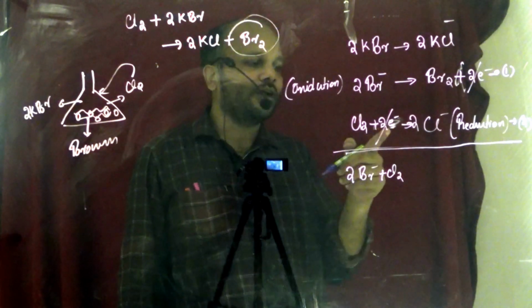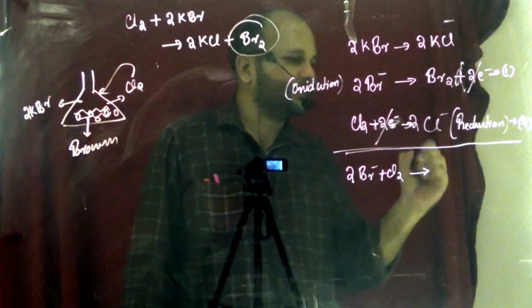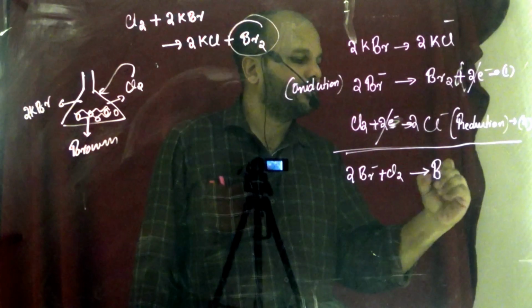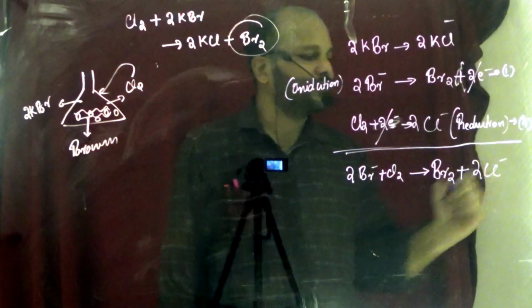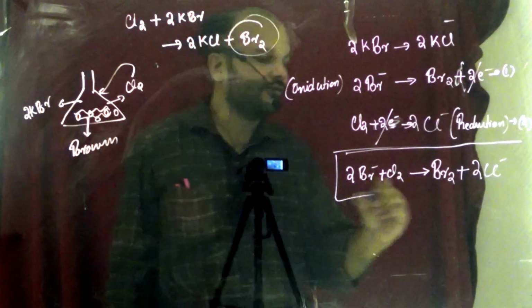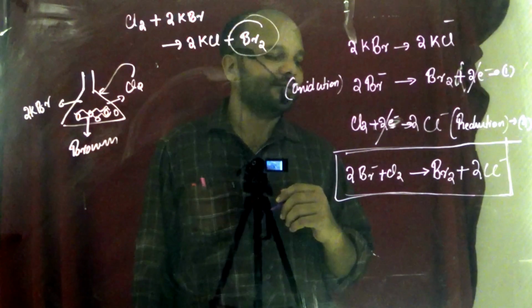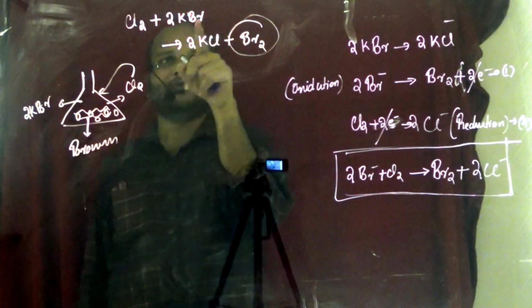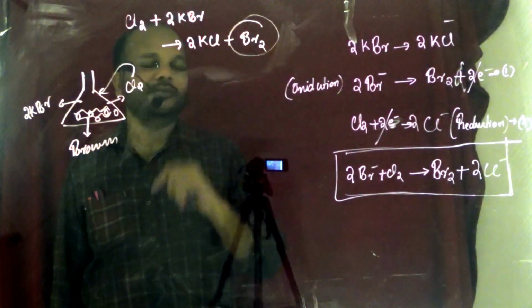If it were 4 electrons, we would need to balance. Now the product side has Br2 and 2Cl-. So this is the overall redox reaction: Cl2 plus 2KBr gives 2KCl plus Br2.